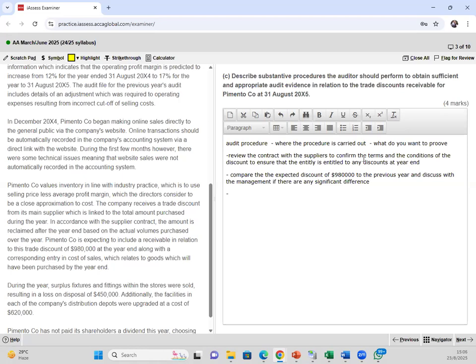So you can say, review from the contract how the discount will be calculated, and recalculate the discount receivable to confirm its accuracy.